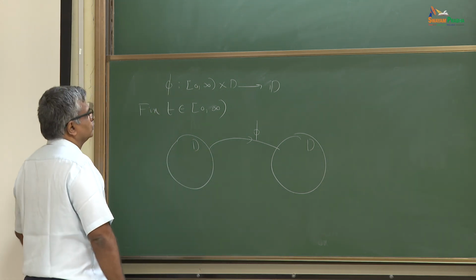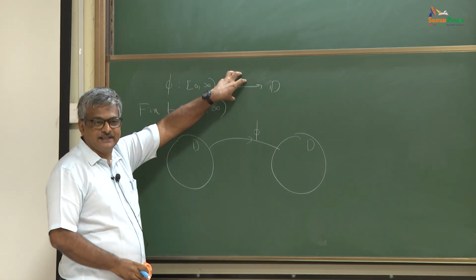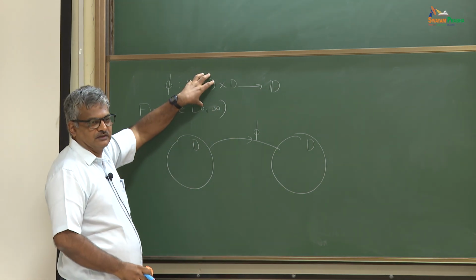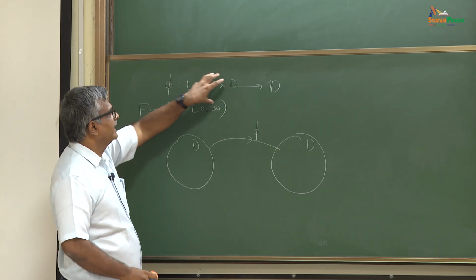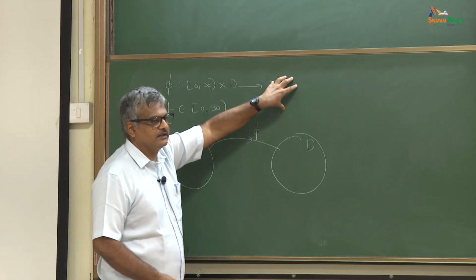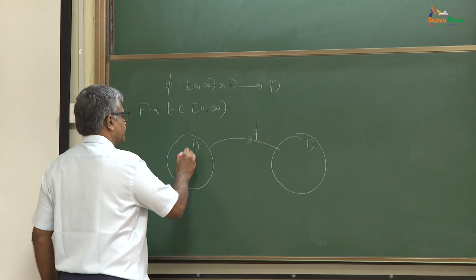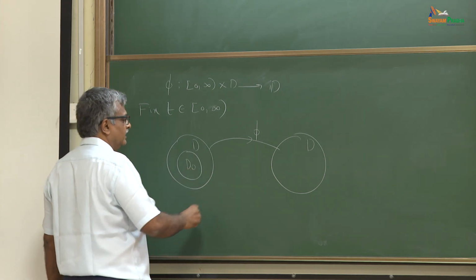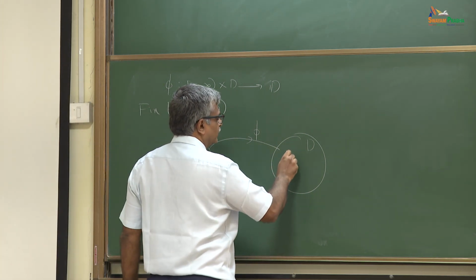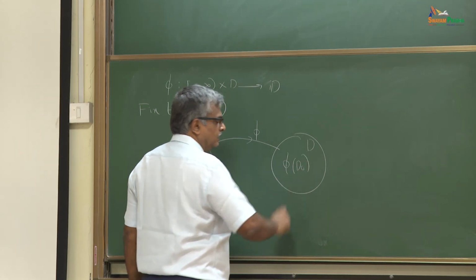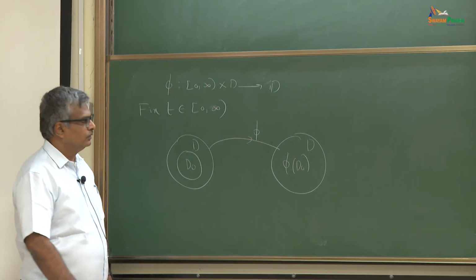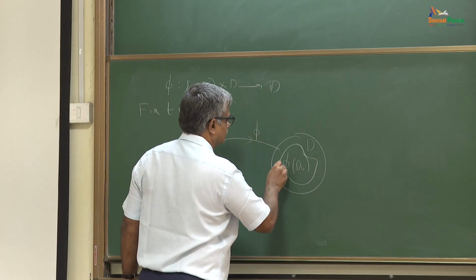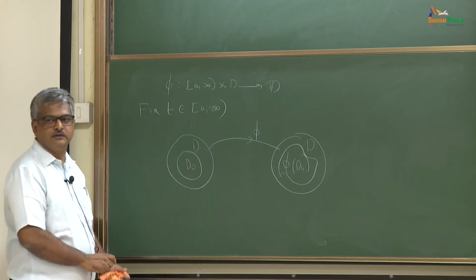So now it acts on a set because t has been frozen, okay. So now phi acts on D and gives you again a D, right. So what it does is you supply some initial set D naught, a subset of D. This gets mapped to phi of D naught. So this is some set, this is also some set, right.